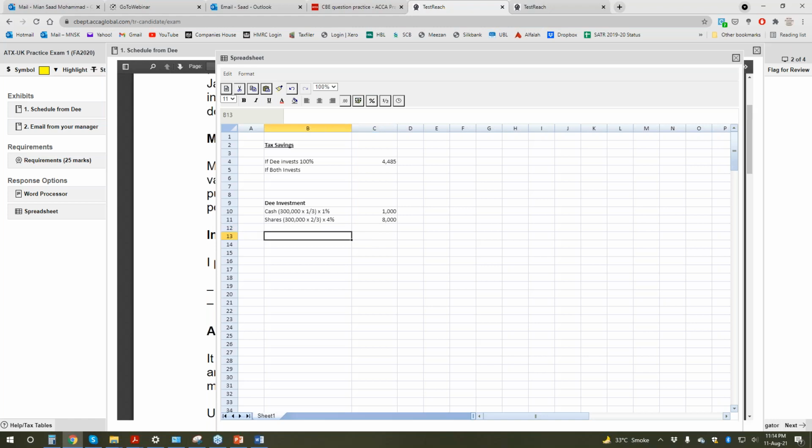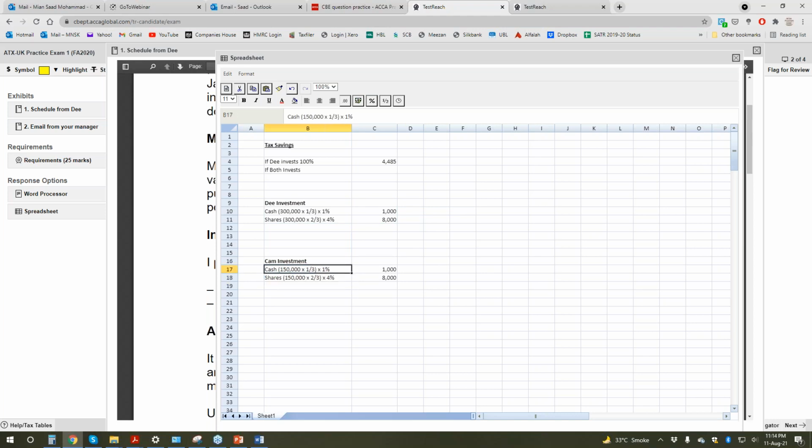Now let's copy the same for Cam. Her money is 150.